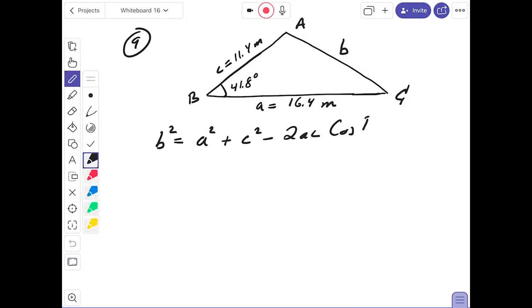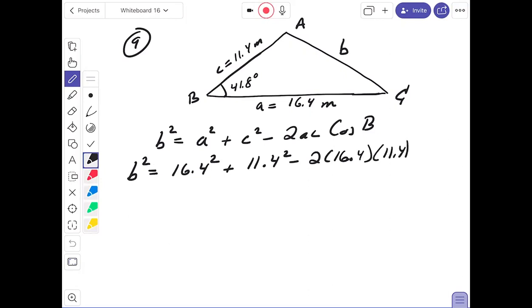Cosine B. Let's write the letters down now. B squared, A squared is going to be 16.4 squared plus C squared, 11.4 squared minus 2 times 16.4 times 11.4 times the cosine of B, which is 41.8 degrees.